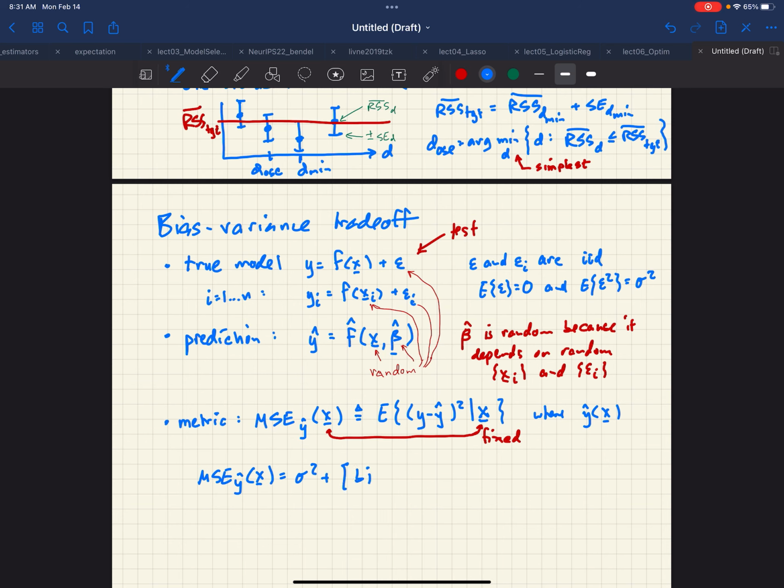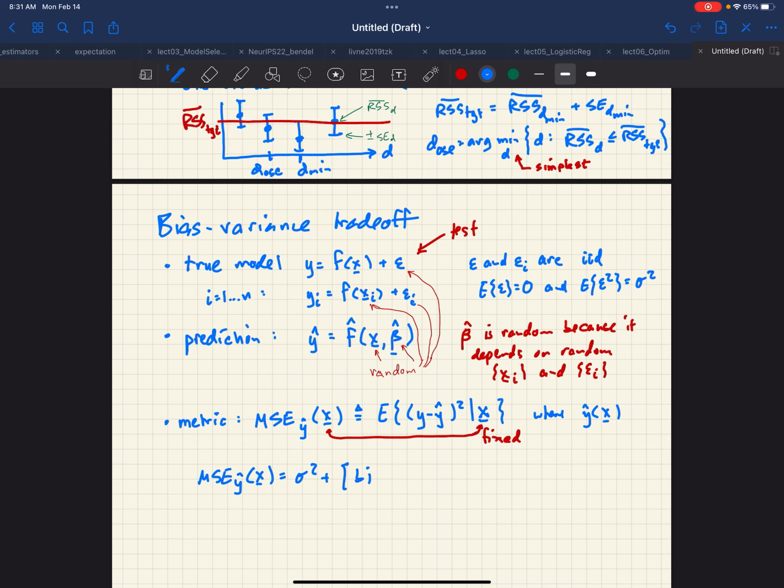So the bias is going to be the expected value of the difference between y and y hat as a function of x.